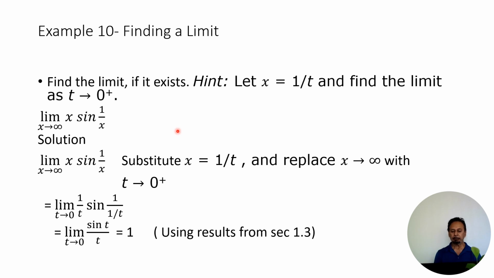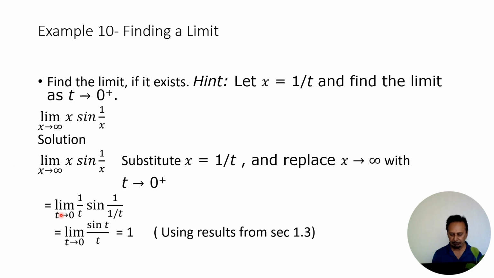Okay, now we're going to find the limit, if it exists, of x sine 1 over x. Here is a hint: we can use the substitution x equal to 1 over t. Remember, if x is infinity, then t is 1 over infinity, which becomes 0. So we can replace x approaches infinity with t approaches 0 from the right.